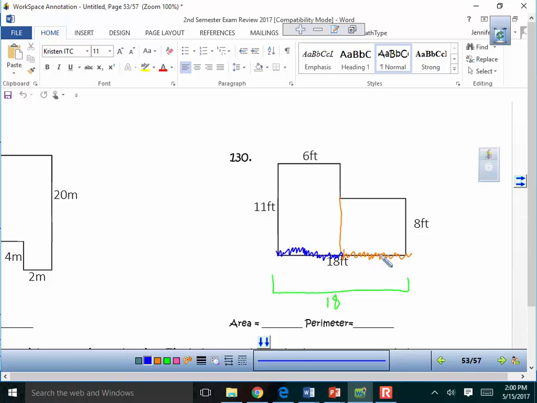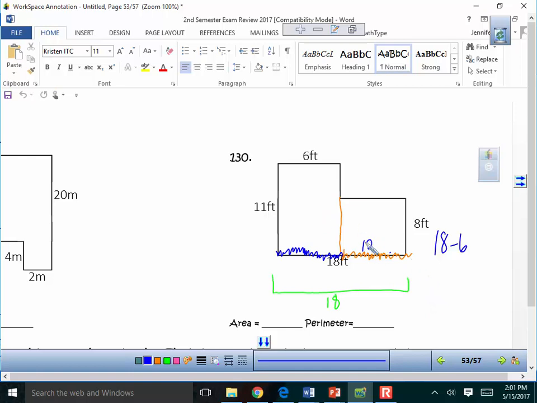Do you see how we got 12? It's just whatever's not 6, so 18 minus 6 gives us 12.